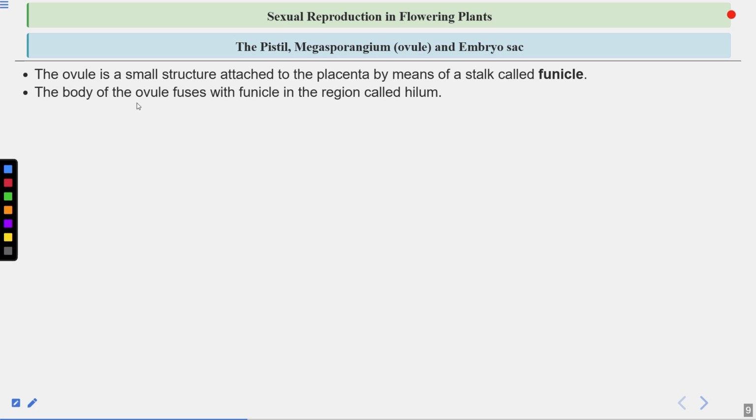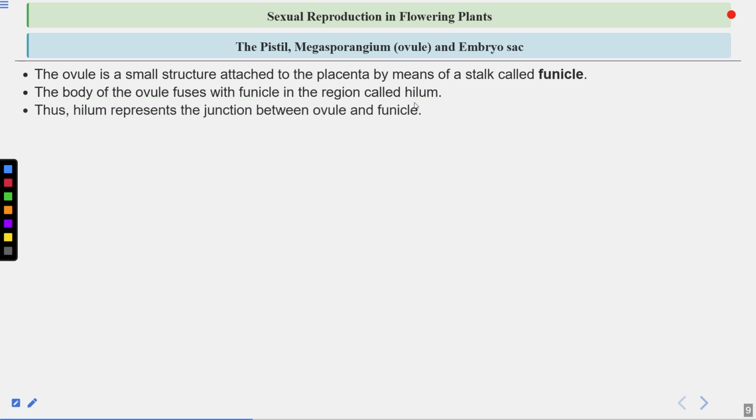The body of the ovule, the rest of the bulbous part, fuses with the funicle in the region called hilum. There is a point at which the stalk-like structure and the body of the ovule unite together. That point of attachment is called hilum, right?